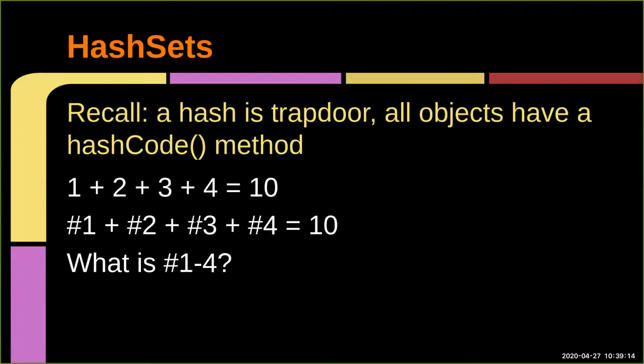If, for example, I was to give you 4 numbers and I was to add them together and then tell you that the sum of those 4 numbers is 10, you couldn't know, right? Because these could all be 0 except for one of them, and it could be 10.